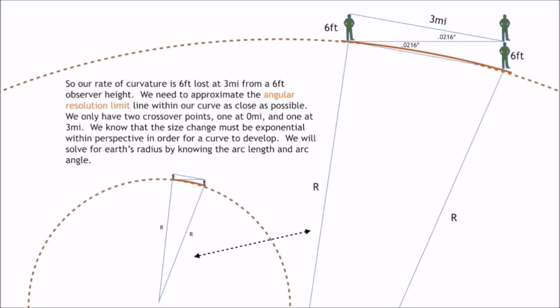It can't be linear. So we will solve for the Earth's radius by knowing the arc length and arc angle. You can see here we've just taken our 2 triangles, placed them against a curve for a person walking over at that rate of 6-foot loss over 3 miles, and we have then extrapolated it along a greater circle.